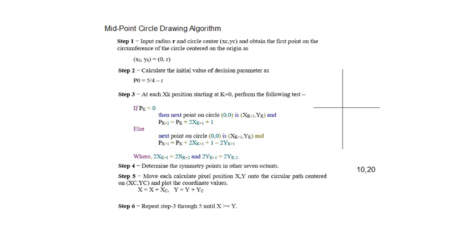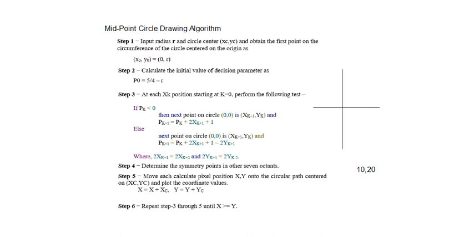So in step number one, you input the radius and circle center, and obtain the first point on the circumference of the circle centered at origin as (x0, y0) = (0, r).